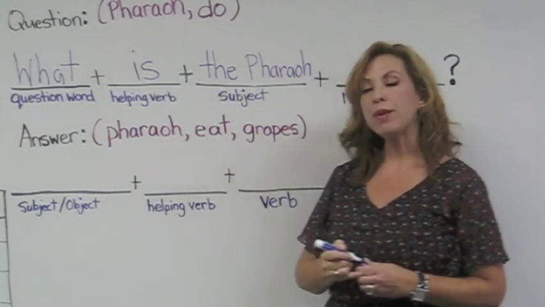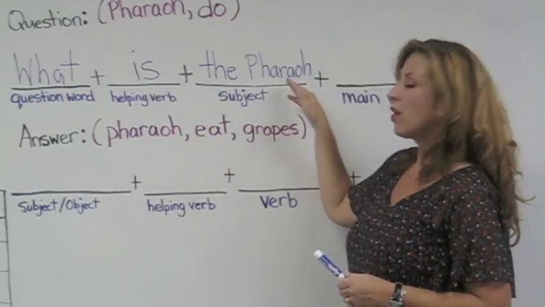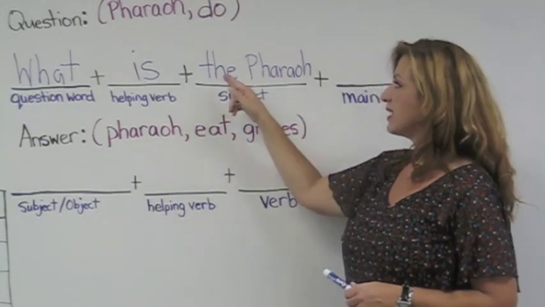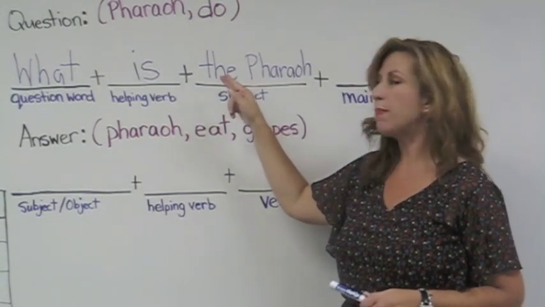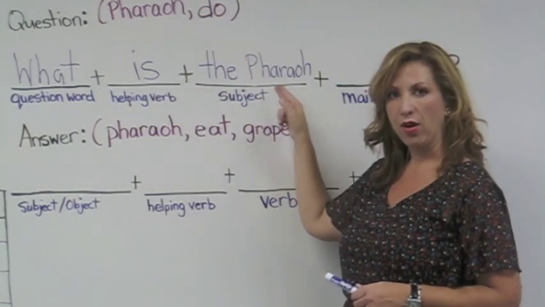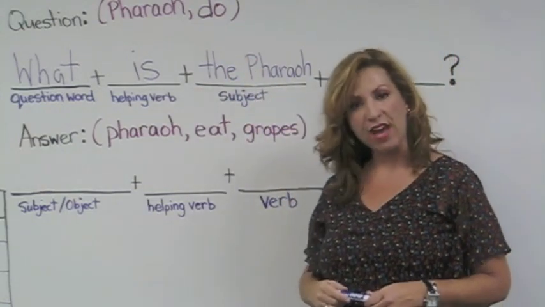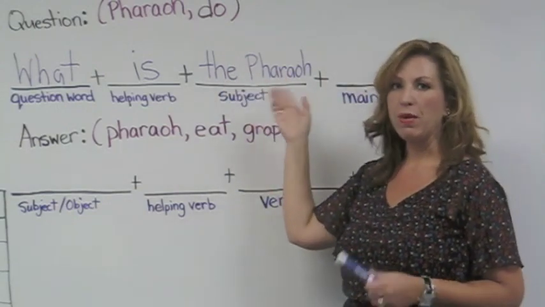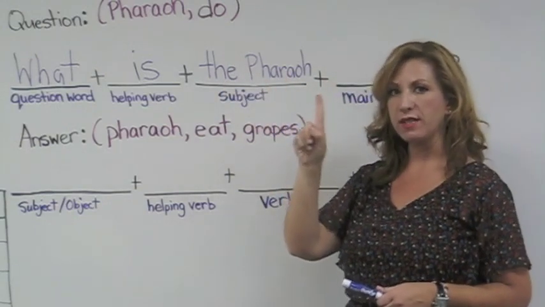Now, if you remember, before a noun, you always have an article. This is a definite article because we're talking about a specific pharaoh. So it's the pharaoh. If it was an indefinite article, then it would be a pharaoh. But we know we're talking about one specific pharaoh.